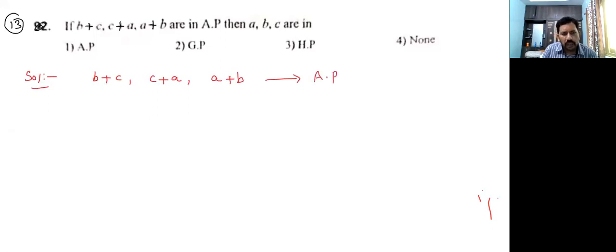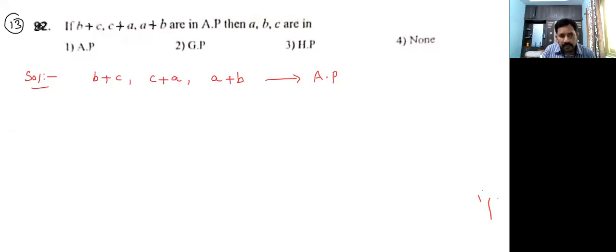In arithmetic progression, we know that if to each and every term we add, subtract, multiply or divide a non-zero constant, then the resulting series is also AP only.